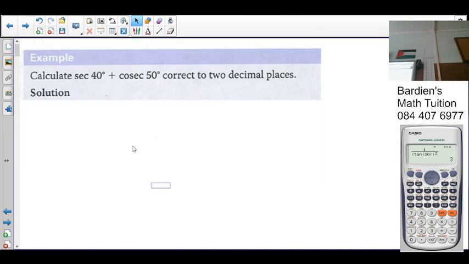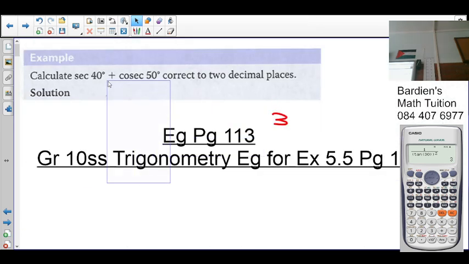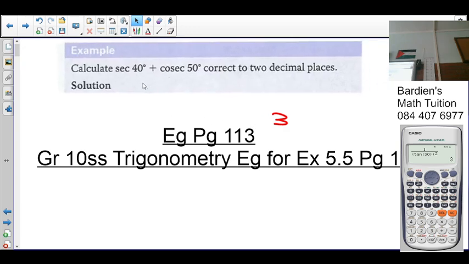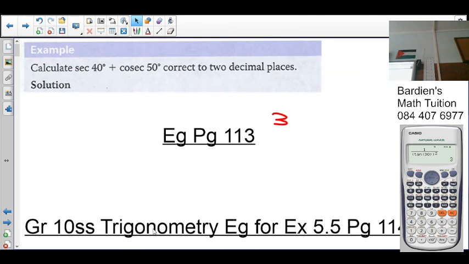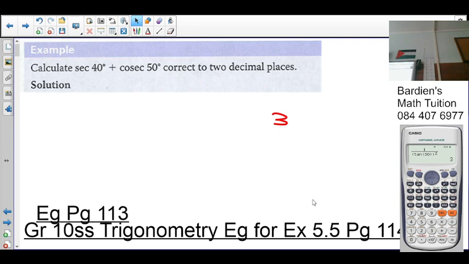Let's look at this one here. Sorry that I'm moving a bit faster here because of the load shedding. Right. It says calculate sec 40 degrees plus cosec 50 degrees. So sec 40 is equivalent to what? 1 over cos 40 plus cosec is 1 over sine 50.